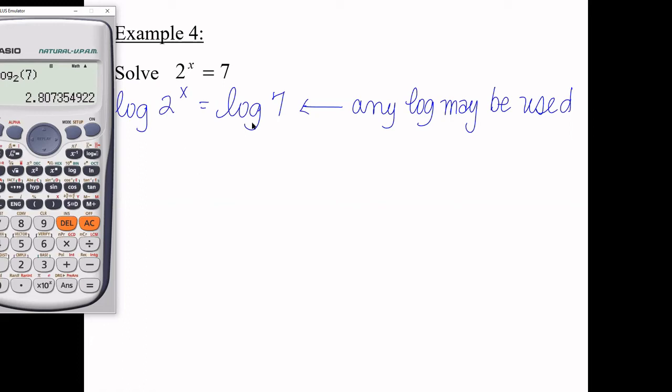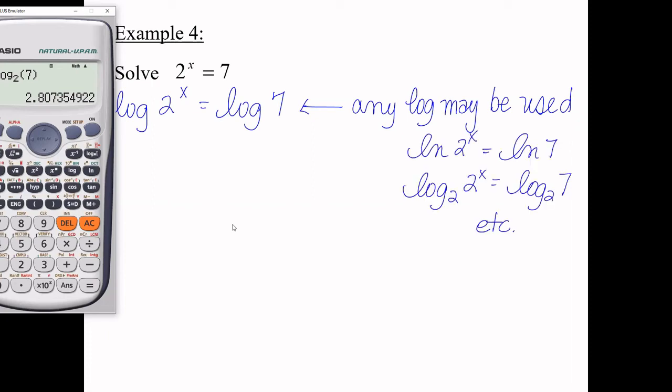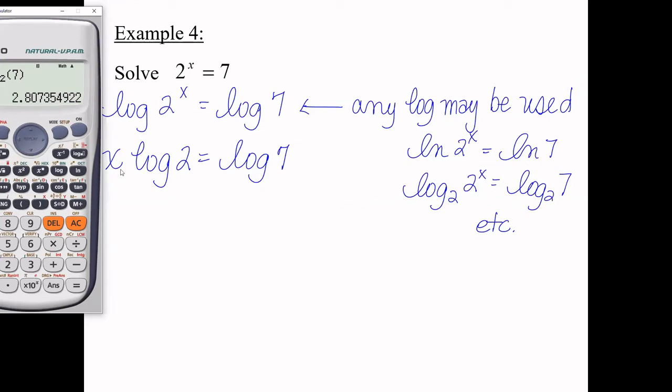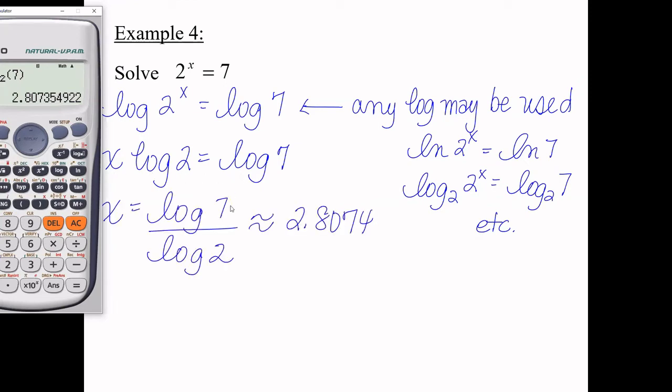Or I could have even used natural log here and here if I had chosen to. And here they show you an example of using natural log instead. Once again, we use the power rule to bring the x out front, divide both sides by log of 2, so we isolate the x, and it equals 2.8074, rounded.